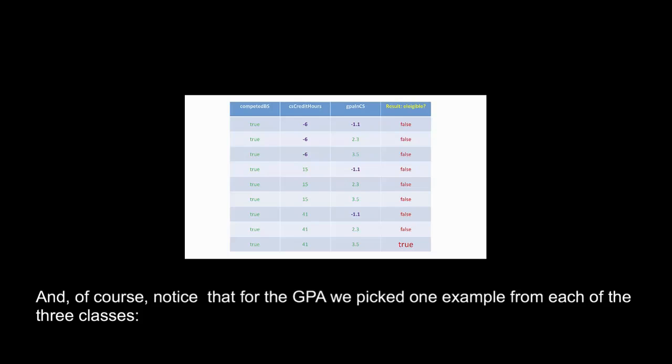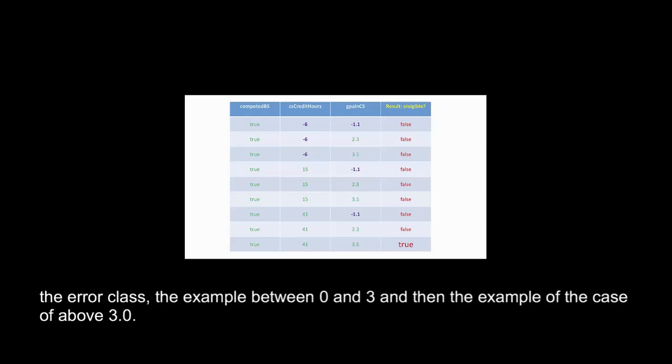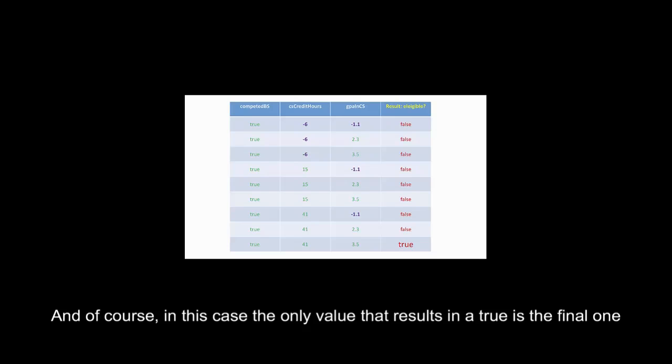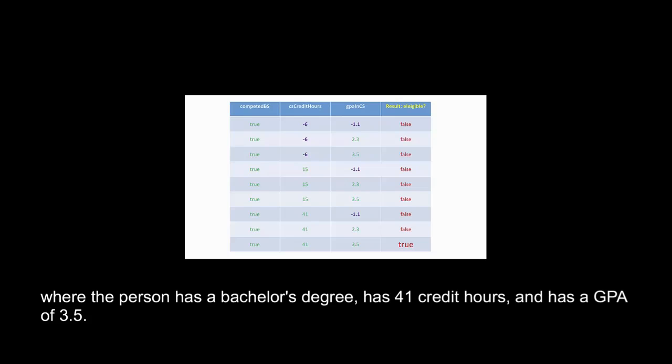And of course, notice for the GPA, we've picked one example from each of the three classes, the error class, the example of between 0 and 3, and then the example of above 3.0. And of course, in this case, the only value that results in a true is the final one where the person has a bachelor's degree, has 41 credit hours, and has a GPA of 3.5.